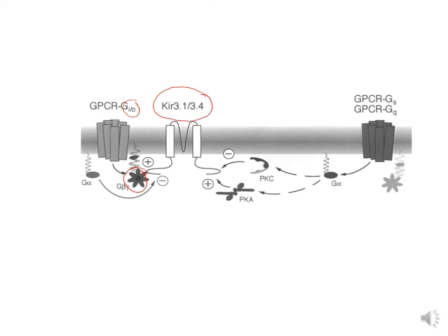When these channels open, there is potassium efflux, and this potassium efflux will generate IPSPs, or inhibitory postsynaptic potentials. Also, there is some evidence that other GPCRs are able to modulate the activity of these channels.